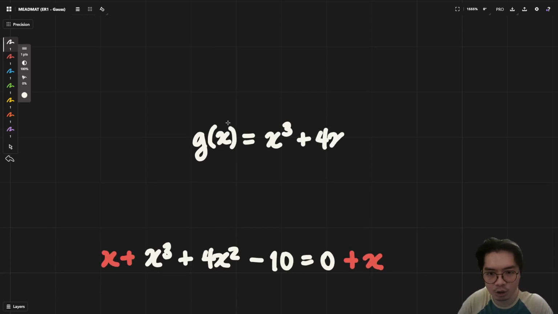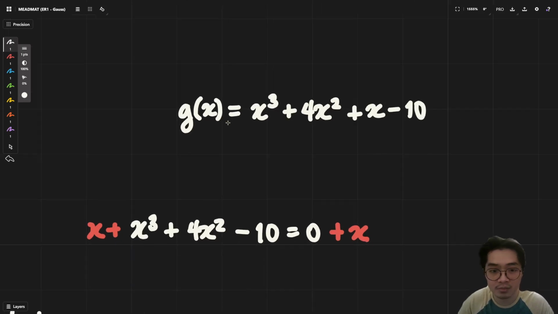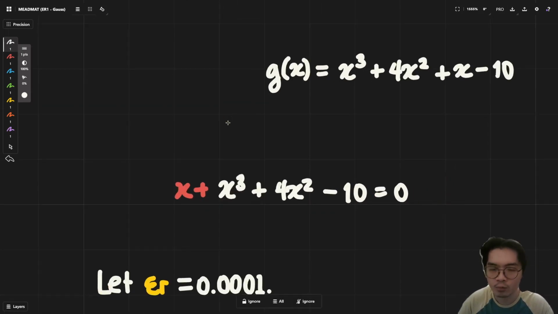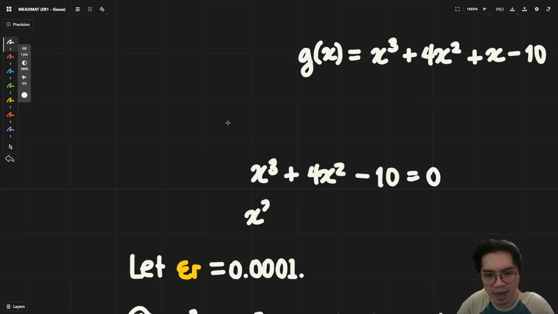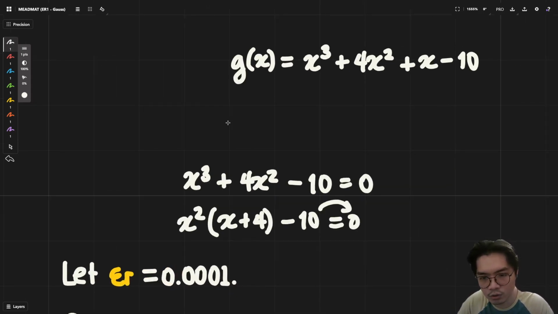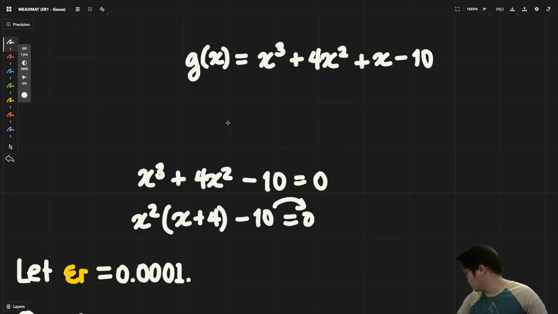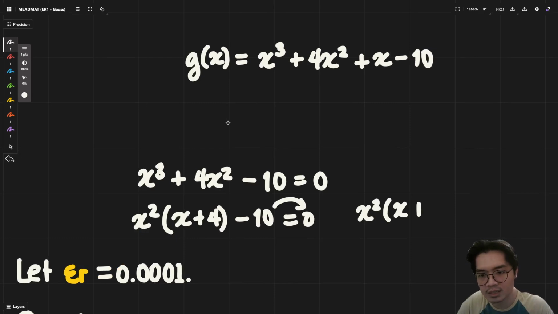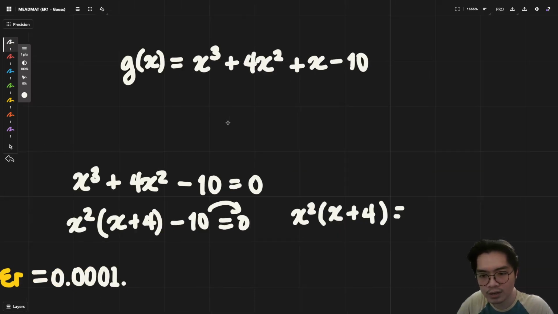As an iteration method, let me write down the possible manipulations that we can do. One of them is that. The other one is, I can get x squared from both of these parts, something like this is equal to 0. What I can do is move the 10 to the other side. You will have x squared times x plus 4 is equal to 10.